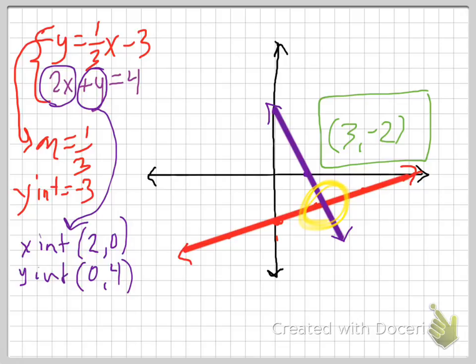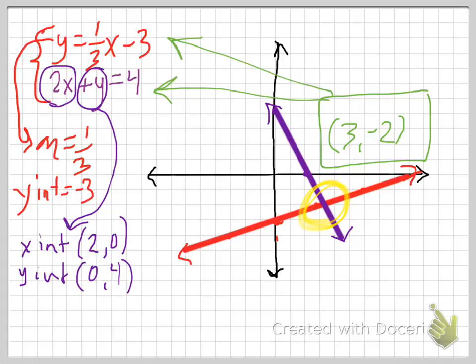So if I still wasn't convinced that this was right, and maybe you're arguing with the person next to you and you're like, no, I don't think that 3, negative 2 is right, you didn't use your ruler, you don't have the right angle, or you're off one, or you didn't count right, this point should work for both equations. It is the only point that's ever going to work for both, because it's the only point that they share if you look on the line.